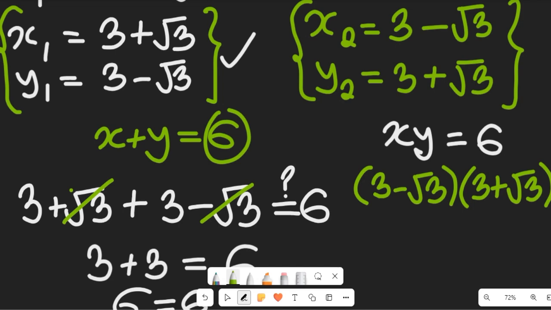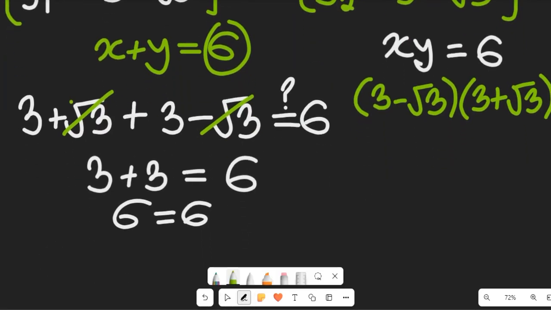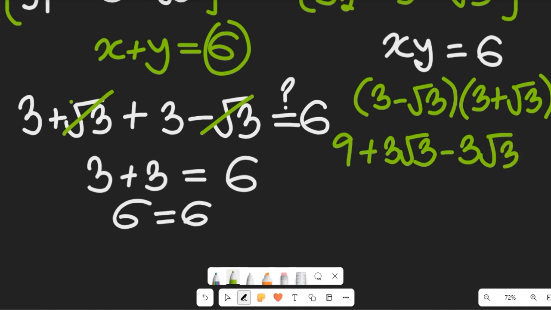Let's test it out. 3 times 3 is going to give us 9. 3 times root 3 will give us plus 3 root 3, right? And minus root 3 times 3 will give us minus 3 root 3. And then minus times minus gives us plus, so minus root 3 times minus root 3 will give us 3, according to the rule. So from this expression you see that this will simply cancel this and we'll be left with 9 minus 3.